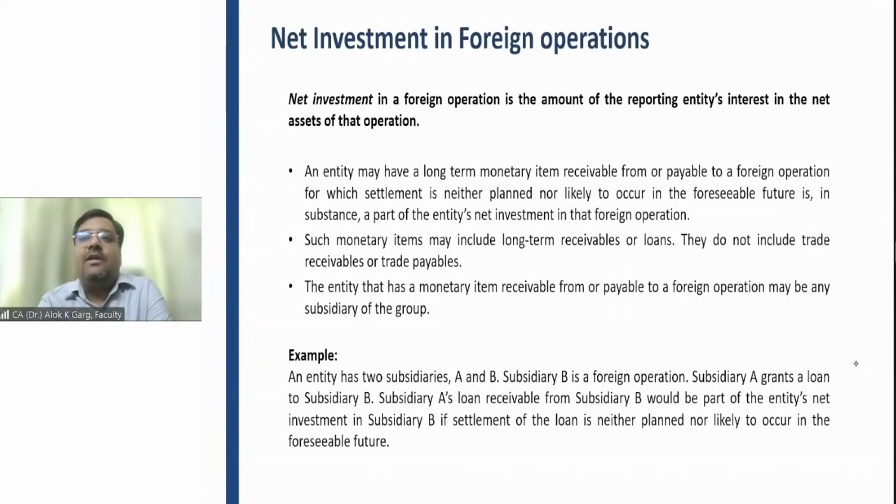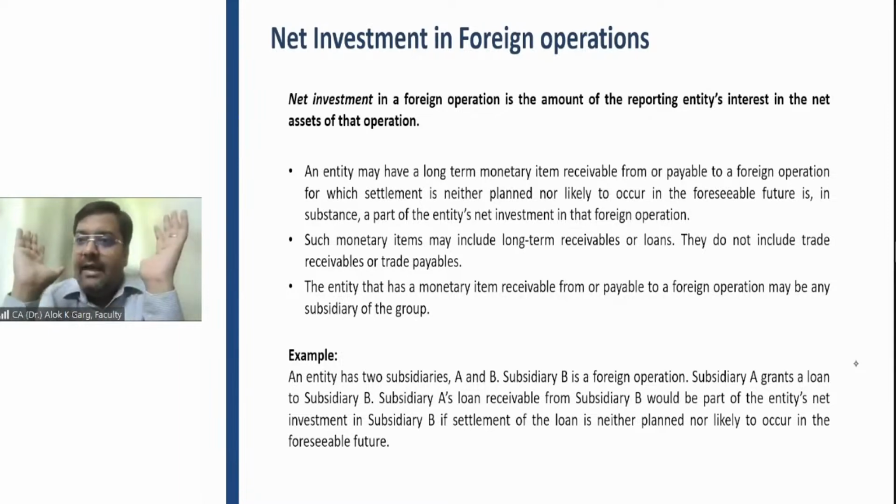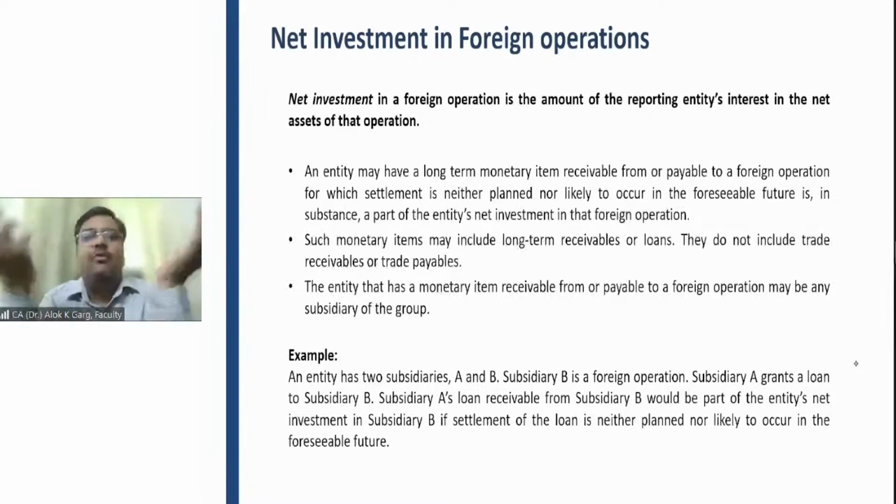So when you are consolidating a foreign operation's financial statement into the parent's currency, if there is goodwill, it has to be restated at closing rate. And the assets and liabilities of the foreign operation should be at fair value, the fair value which you have taken at the time of business combination, and that has to be converted at the closing rate, as simple as that, right?